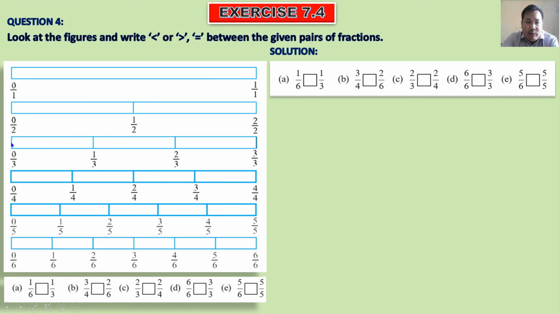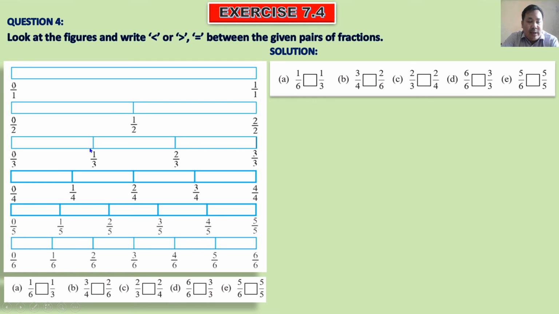You can see the portion represented by 1 by 3 and the portion represented by 1 by 6. Which one is bigger? We can see that the portion represented by 1 by 3 is larger than the portion represented by 1 by 6.